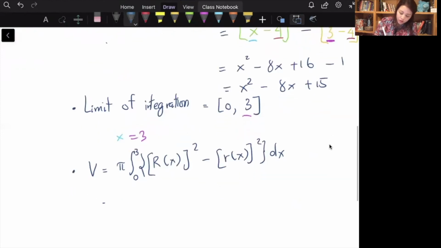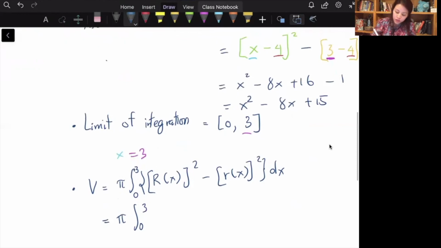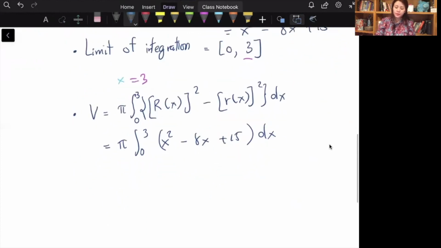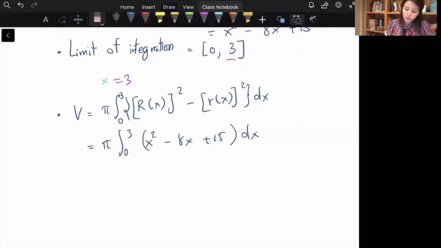Right, and then I'm gonna substitute the numbers in. Big R of x squared minus little r of x squared, we calculated as x squared minus 8x plus 7 dx. So now all we have to do is evaluate this integral.